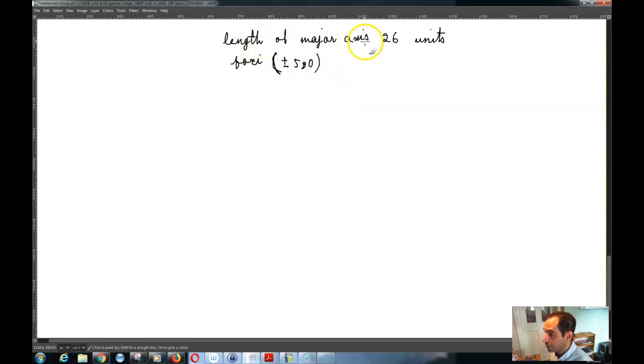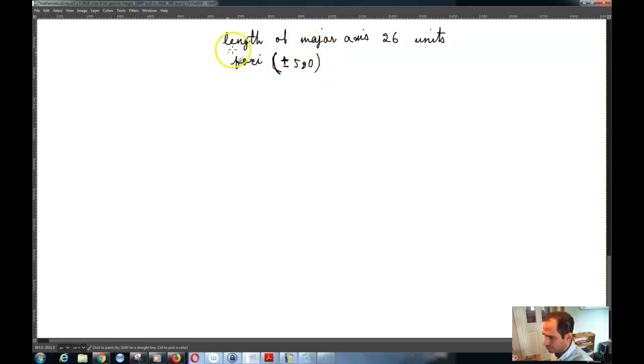If the length of the major axis is 26 units, you know that at the endpoints of the major axis... Let me start this way. Basically you can see that your foci are along the x-axis, because these points are on the x-axis.